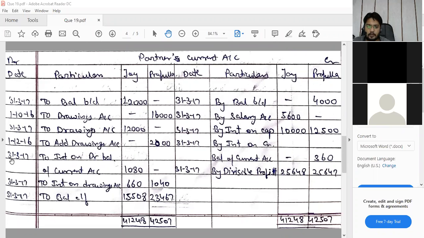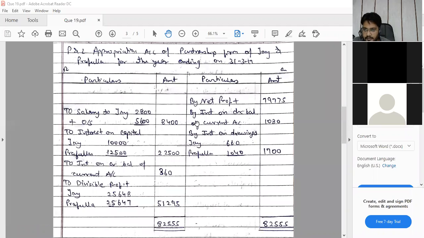So write here 31st March 17, to interest on debit balance of current account, 12,000 into 9%, 1,080. One effect current account debit, second effect appropriation credit. So write on the credit side of the appropriation, by interest on debit balance of J's current account 1,080, right?